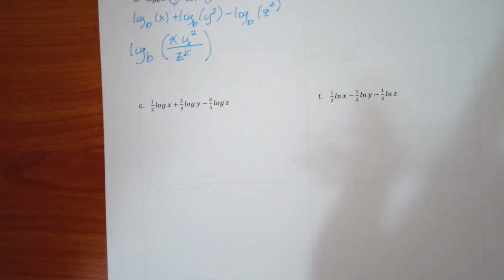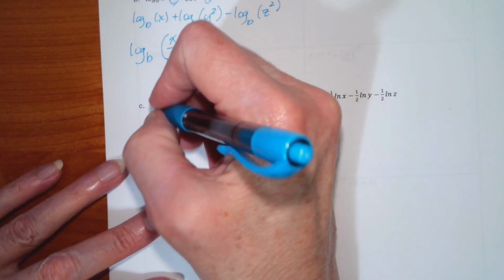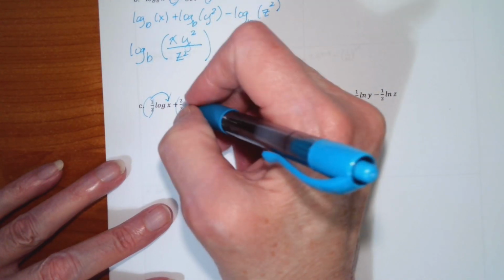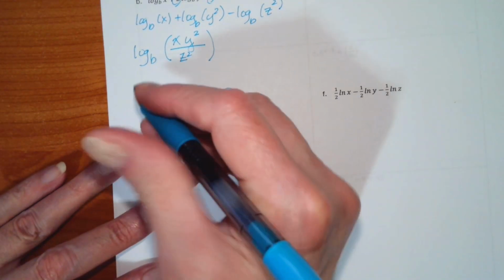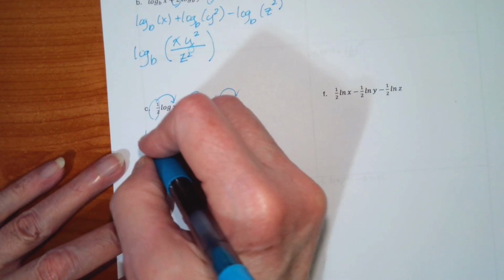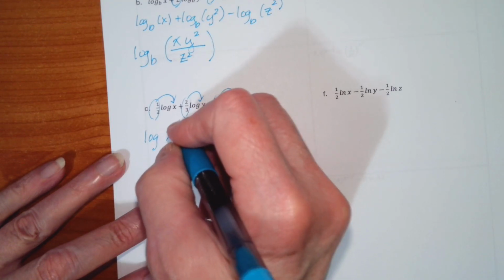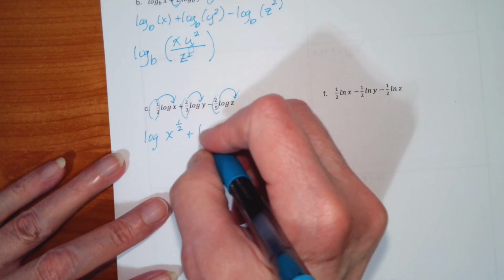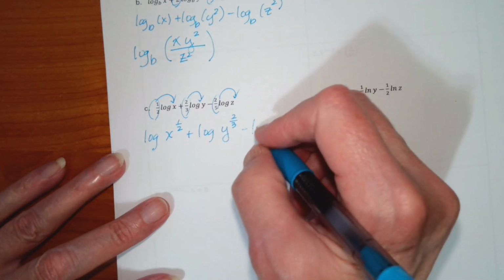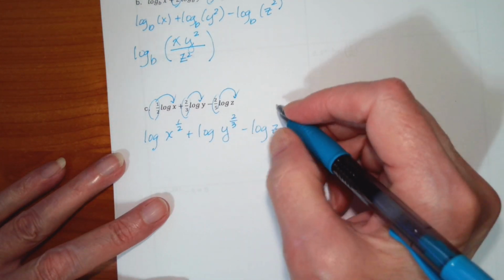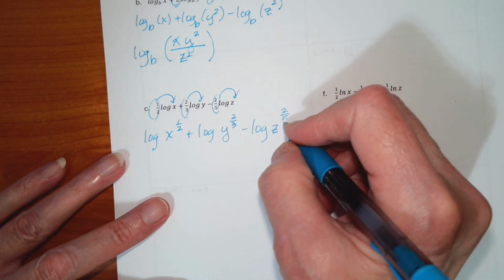Okay, so I've got plus and minus, so I've got to think about that. I've also got fractional exponents. So this becomes log of x to the 1/2 plus log of y to the 2/3 minus log of z to the 2/5.